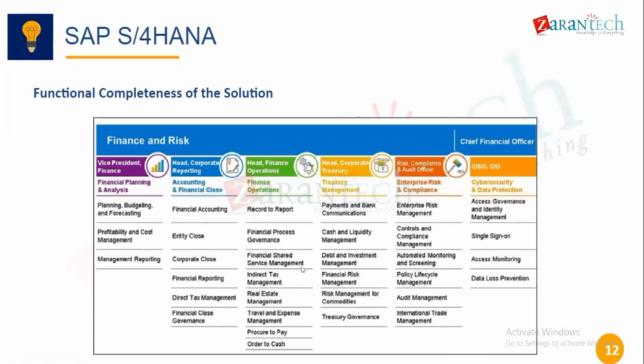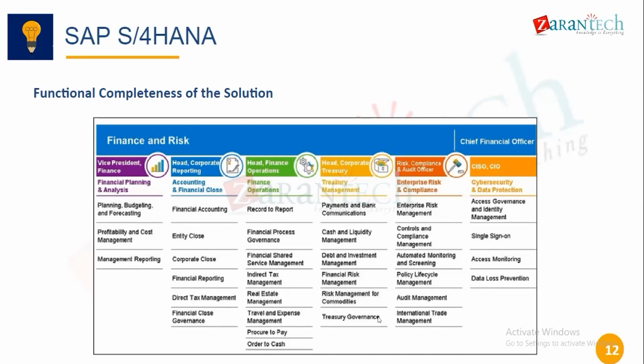In short, they have introduced the concept of group reporting where you can do the consolidation. It simplifies and even minimizes the time required to do the closing activities. We used to do a lot of reconciliation earlier, right? But now with the introduction of the ACDOCA concept, the reconciliation steps have been reduced. That basically simplifies your reporting and closing activities.